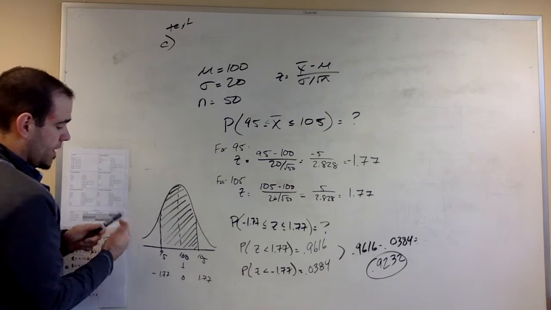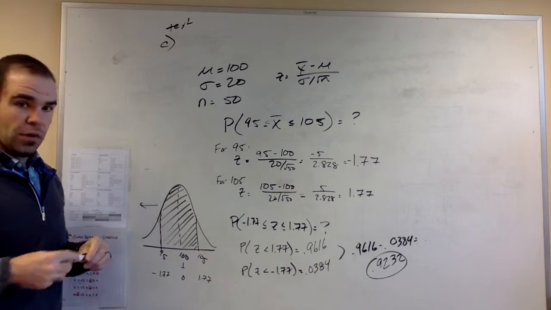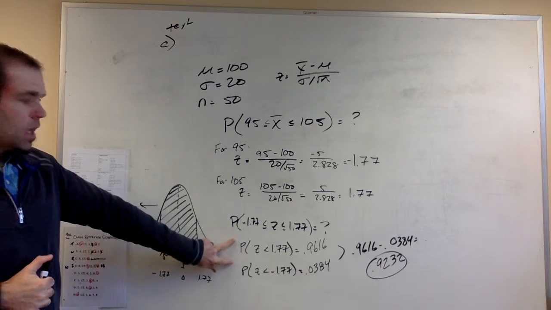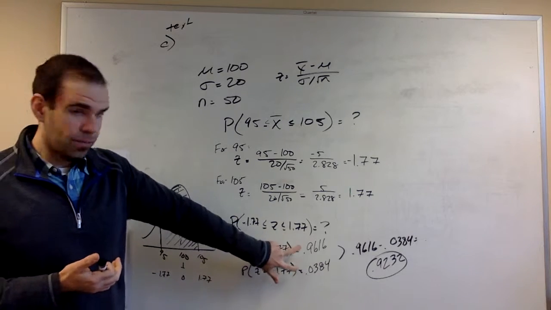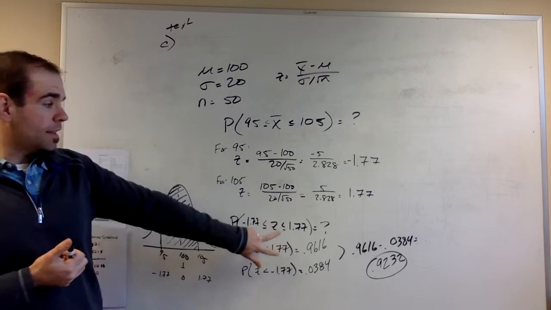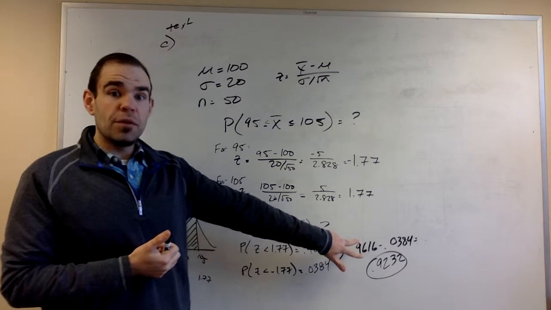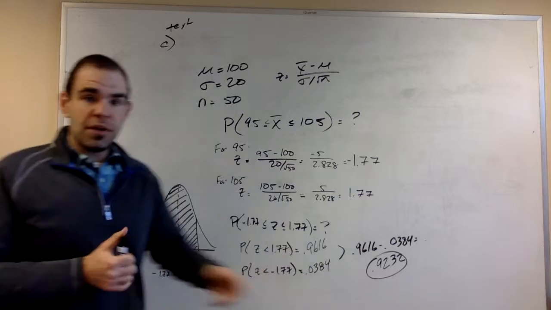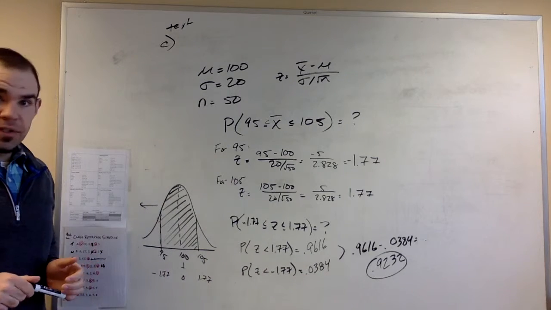So we're doing all of this minus what's below negative 1.77. If we go to the table, we see that these are the probabilities here. Then we take the difference of those two to get our final answer of 0.9232.